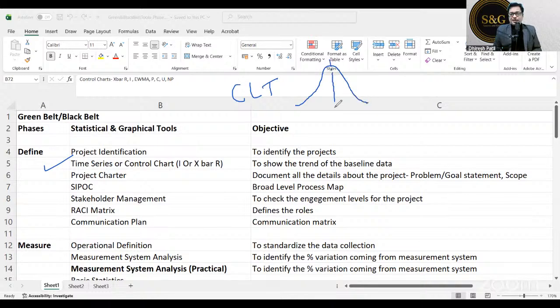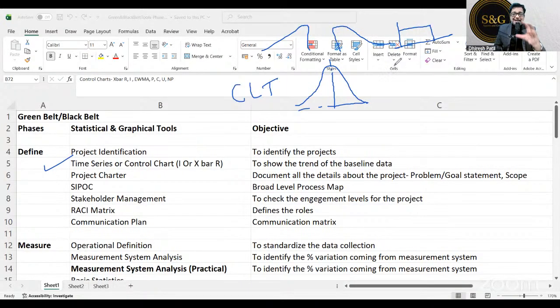What is a normal distribution? It is a bell-shaped distribution which is symmetrical. Mean, mode and median are in the center, and if you cut it, both halves will be absolutely equal. If you take fewer data points, you might get a skewed distribution like this, or a uniform distribution like this, which is not a normal distribution.